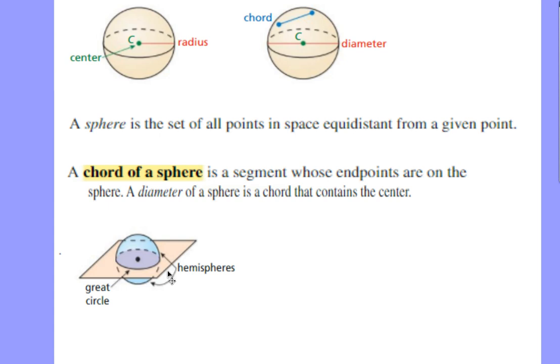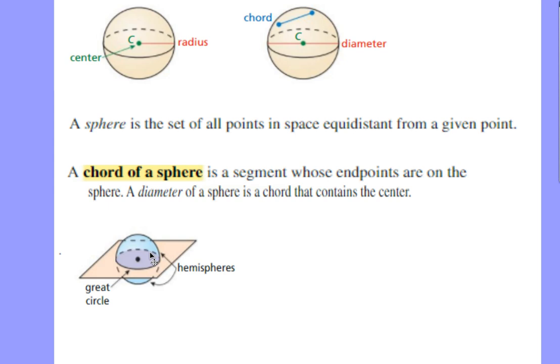But if you do it in such a way where you slice through the center of the sphere, you create 2 hemispheres, just like it is in our Earth. We have 2 hemispheres, right? And what ends up happening is that the cross section, if it includes the center, that one circle right in there ends up being called the great circle.